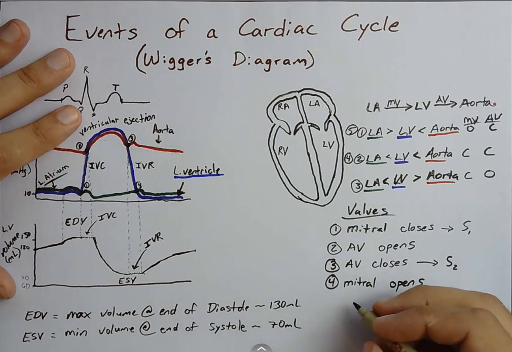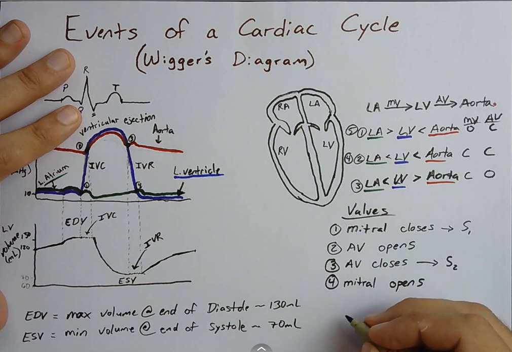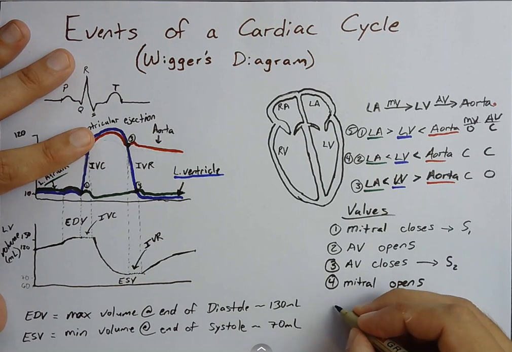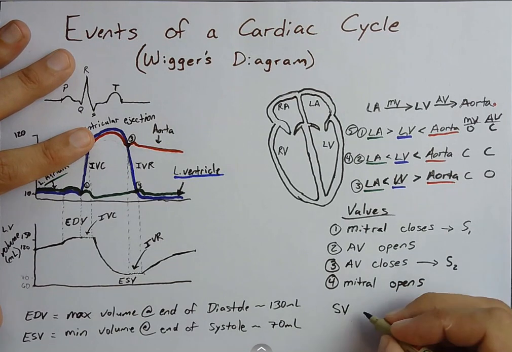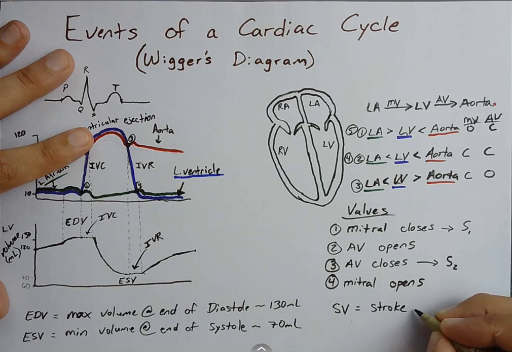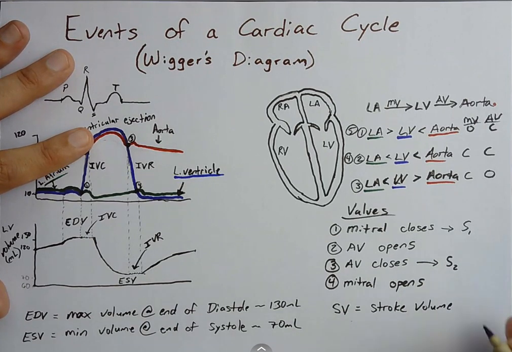And if you listen to my lectures before, that's called stroke volume. Okay, so we're going to have SV, stroke volume, which by definition is the volume of blood ejected in a single cardiac cycle.